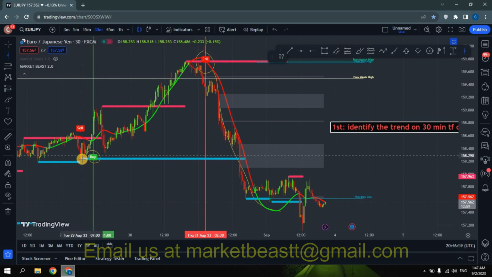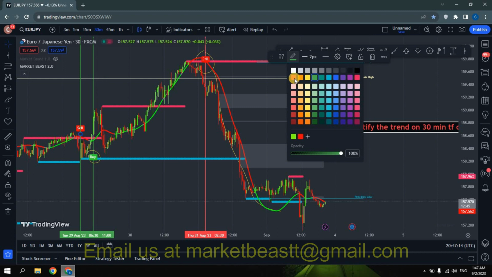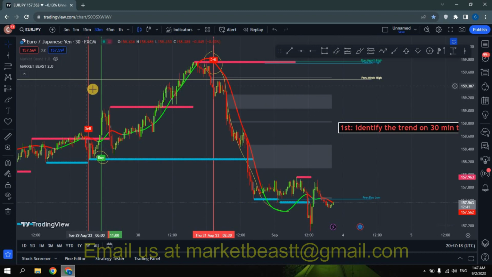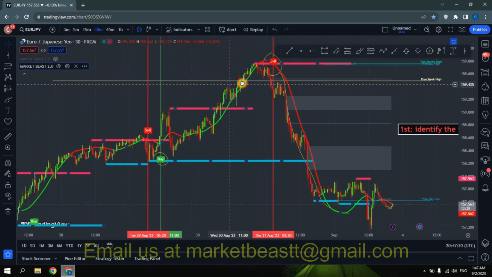You sell here and the trend goes up, which will hit your stop loss, but don't do this. Here we got a sell signal, which means we are going into a downtrend, but it didn't go. So here I'm making it red so I can remember it was a downtrend.